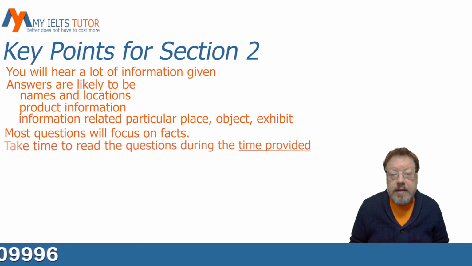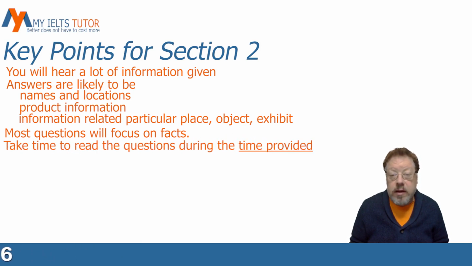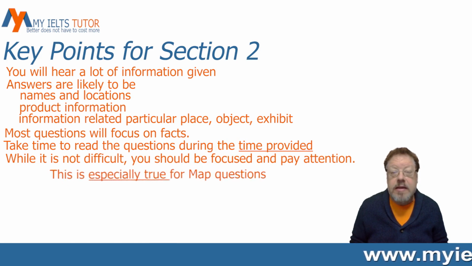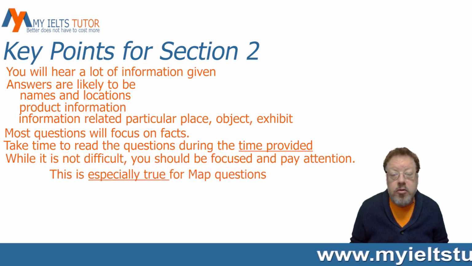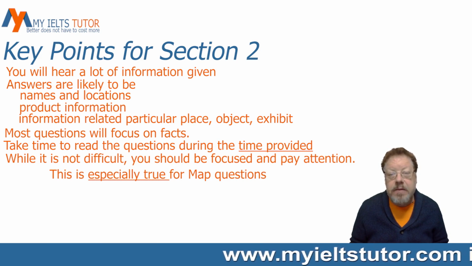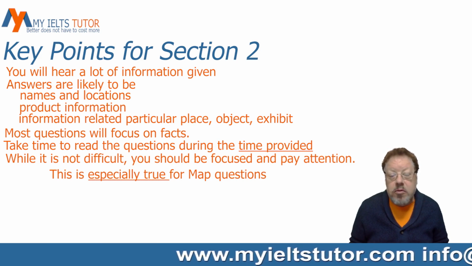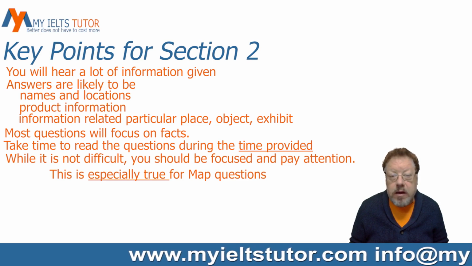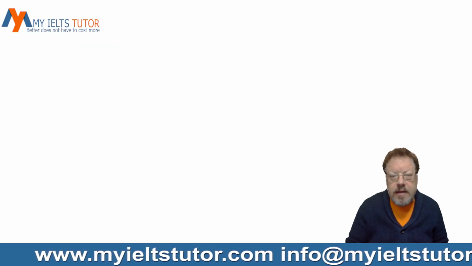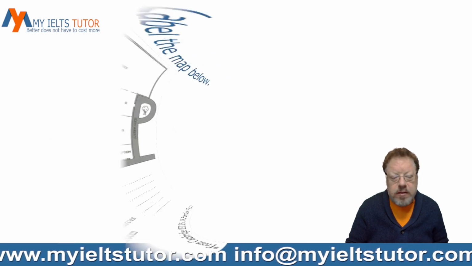You want to take time to read the questions during the time provided. And while it's not difficult, you should be focused and pay attention. This is crucial when it comes to map labeling because you can easily become confused and lose your way when you're trying to label the map. So be focused. Now, let's take a look at map questions, map labeling.